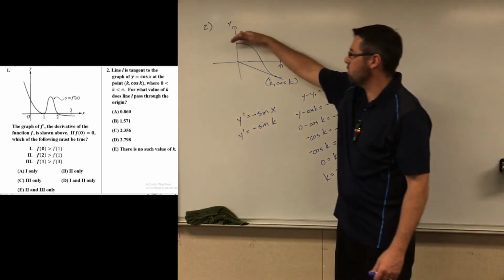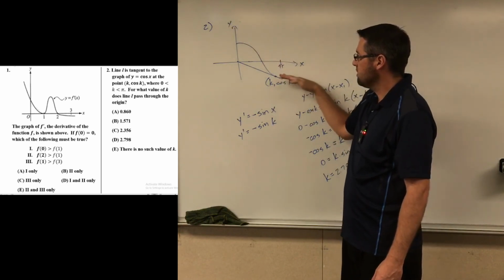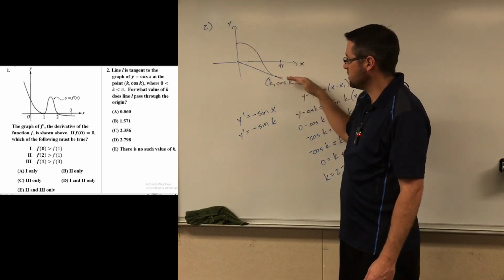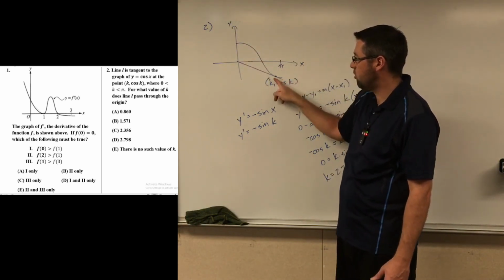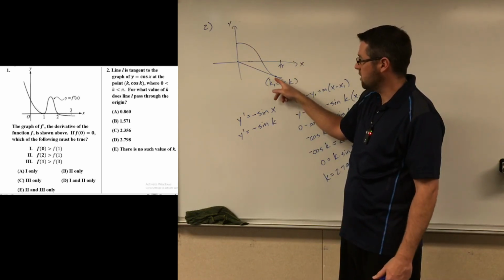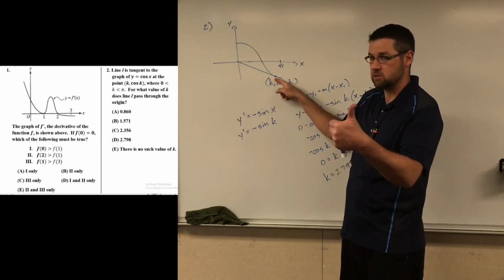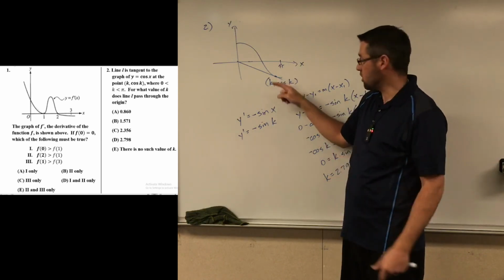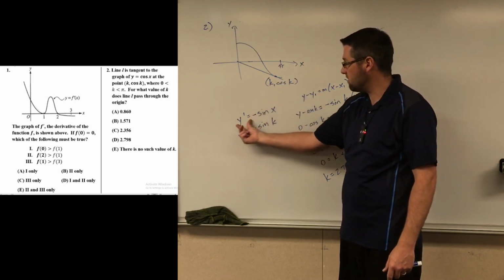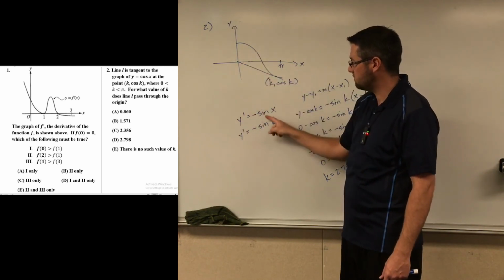So we're looking for the tangent line that lies on this curve, and the tangent line has to pass through the origin. So this is the point we just have to figure out. So I've got to create that tangent line. I create that tangent line by knowing the slope and the point, right? So I know the slope by taking the derivative. So I took the derivative of the curve, which is negative sine of x.